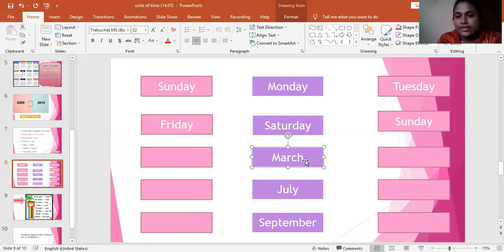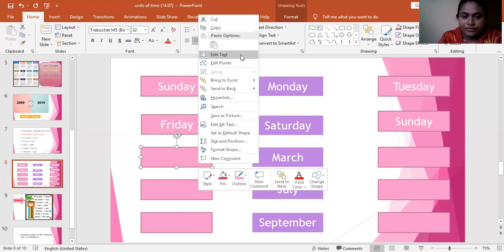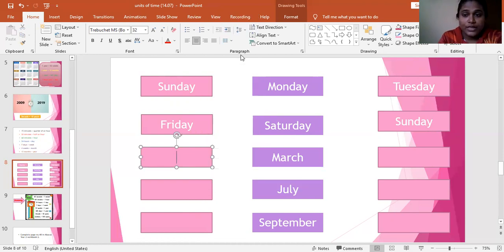And now, is this a day of the week or a month of the year? It is a month of the year. The month is March. What is the month we meet before March? January, February, March. That is February.